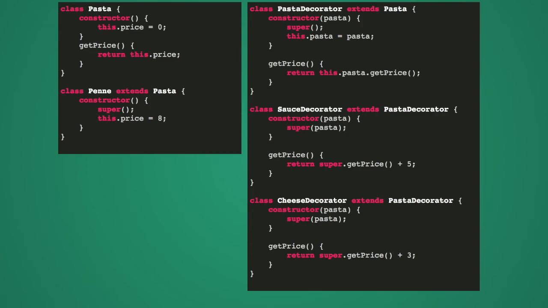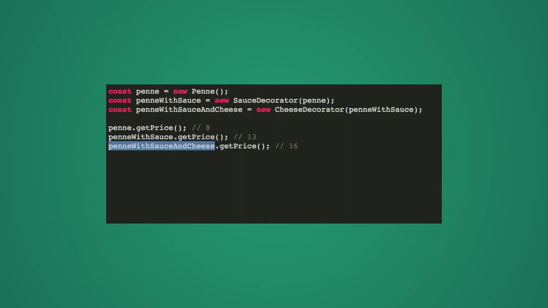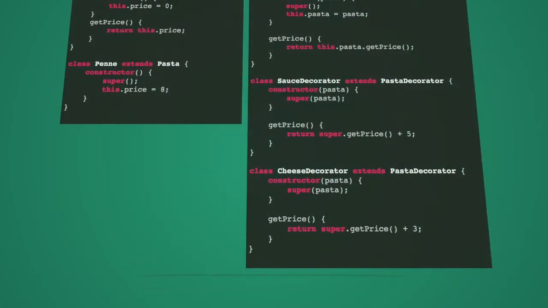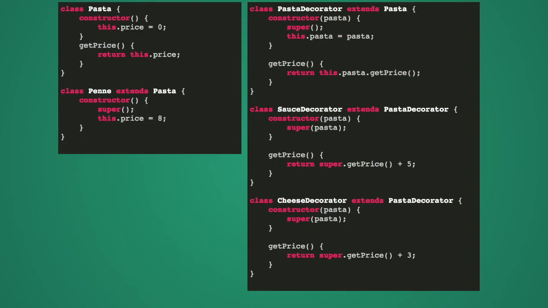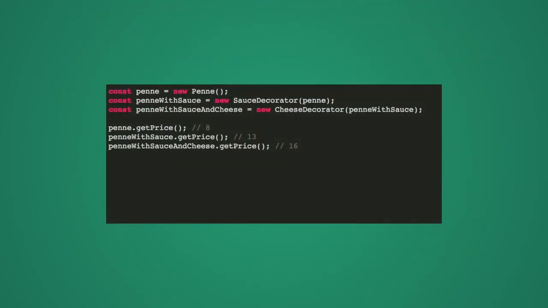If we go one forward, so then if we replace penne with pasta, and at the last instance, pasta with sauce and cheese get price, what could it be? So like it could be just 8. Yeah. And the idea is, again, remember Liskov substitution principle.